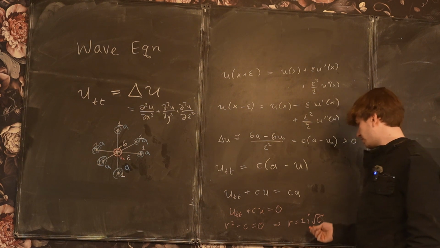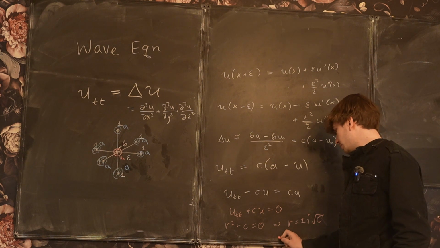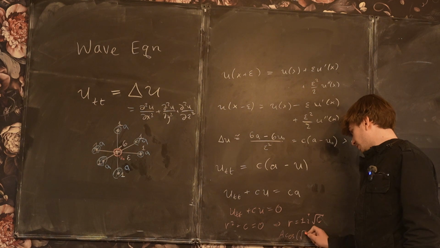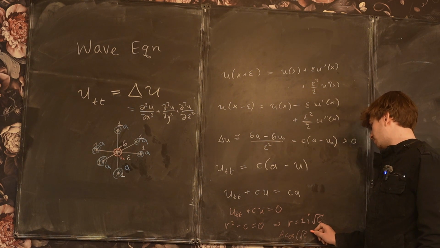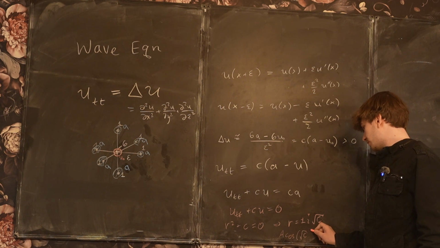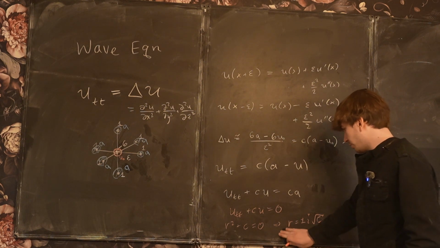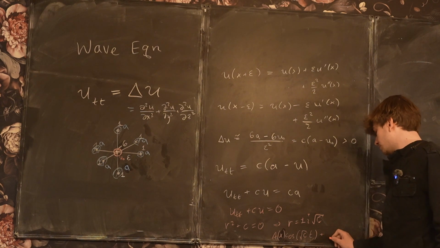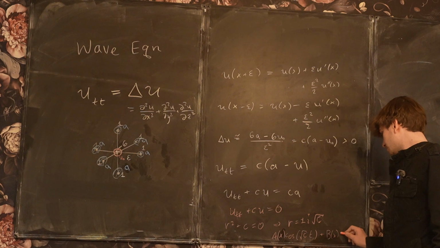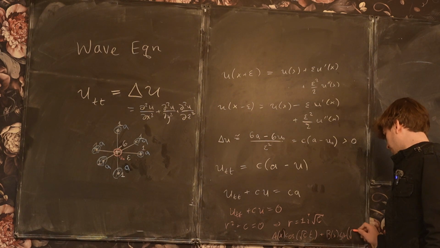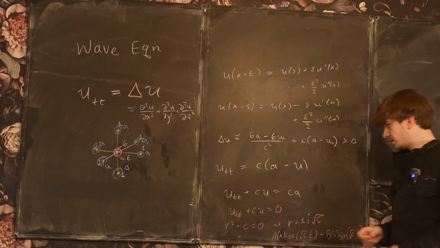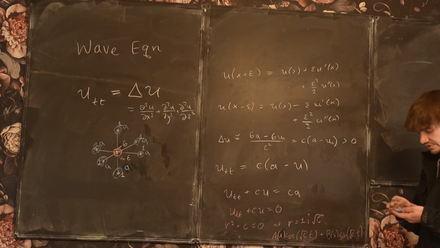And so this is going to yield solutions of the form a(x) cos(√c t) + b(x) sin(√c t), where the coefficients are now functions of x. So this is the complementary solution.